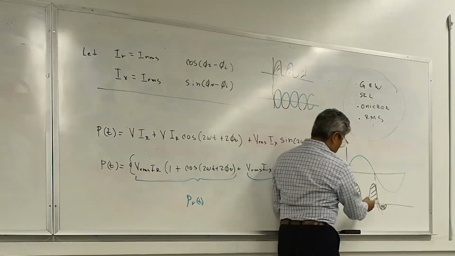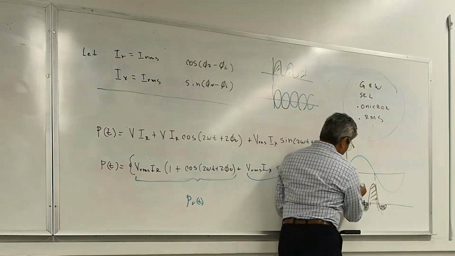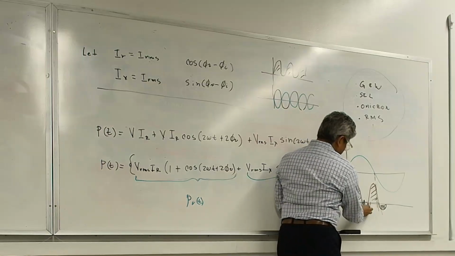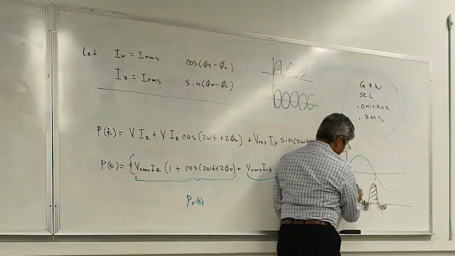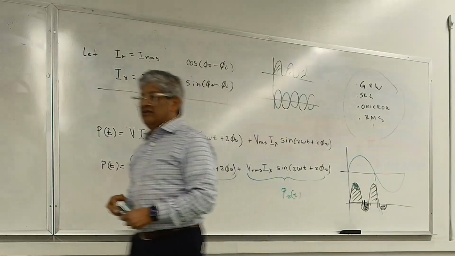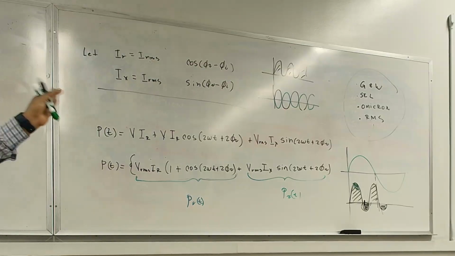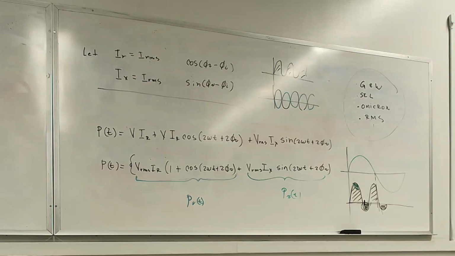So the way you can think of it, if I take this area right here and somehow subtract it from here, this is positive, this is negative, I take it out, I still have some remaining energy consumed by the resistor. But it's not symmetrical to the x-axis. There is a shift, and that shift is based on the size of the resistance in the circuit. Okay? And like I said, we'll do this in MATLAB so that you can visualize it.